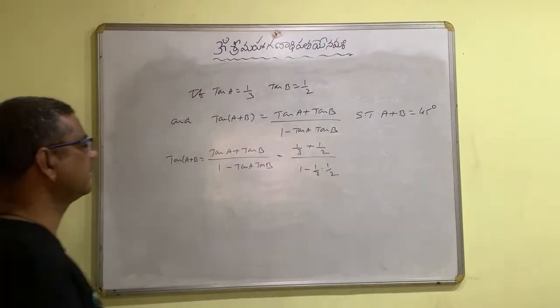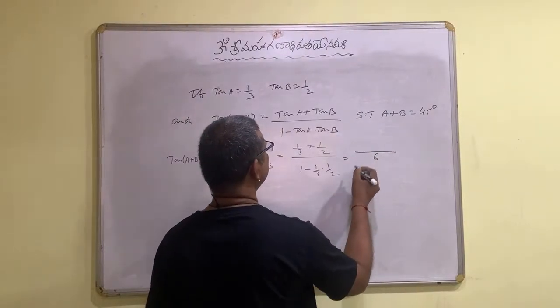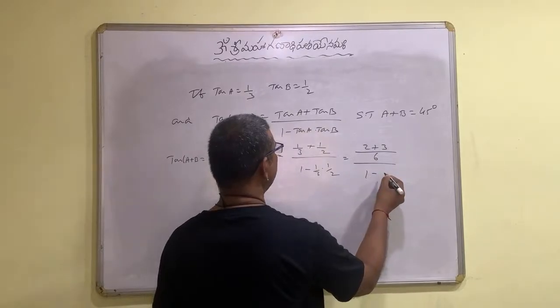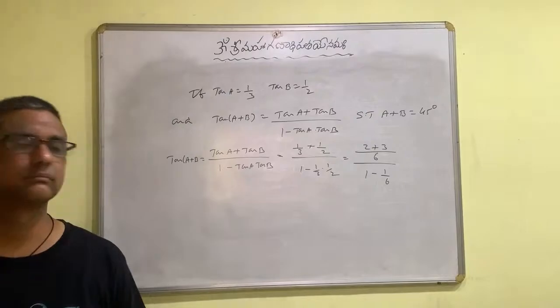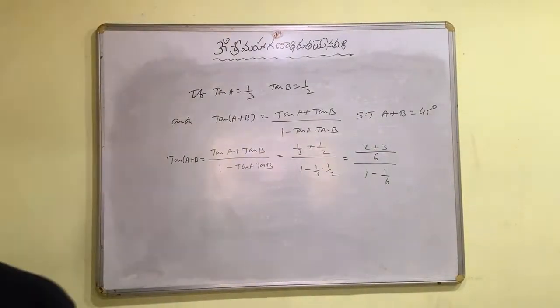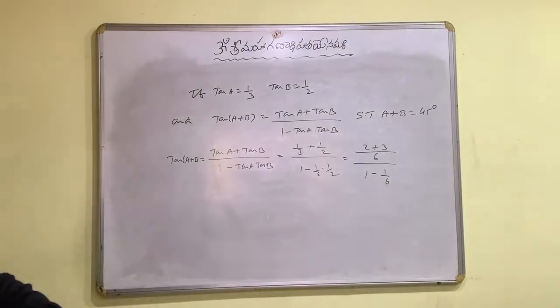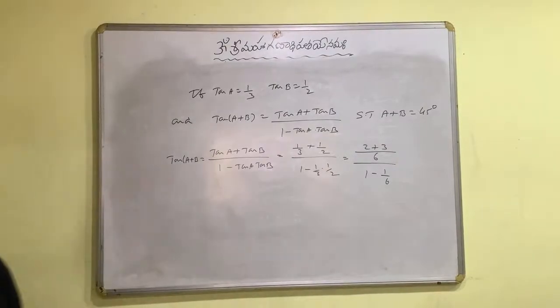Now simplification. LCM on the numerator is 6, so we get 2 plus 3, and the denominator is 1 minus 1 by 6.